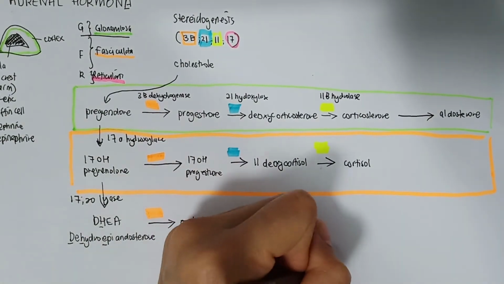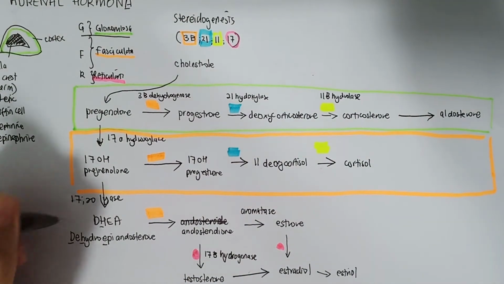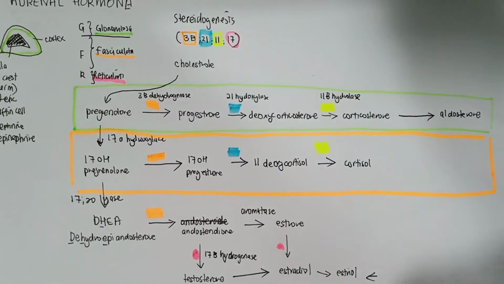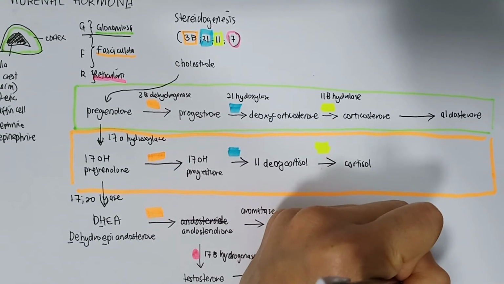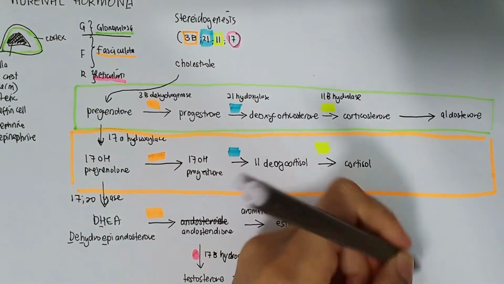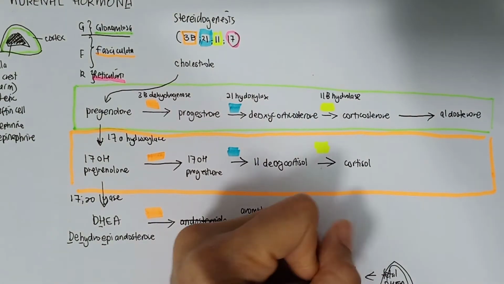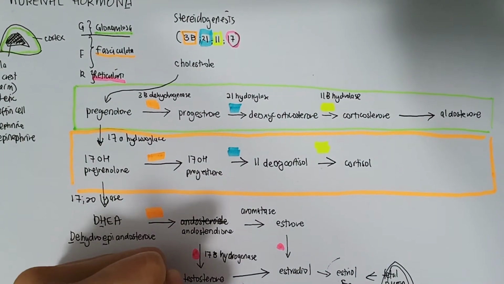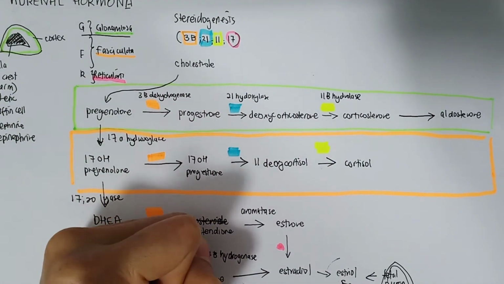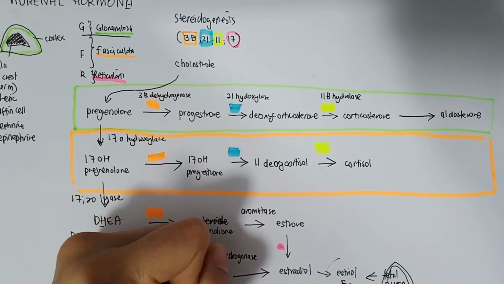And estradiol can convert into the estriol, and fetal DHEA that is produced by the fetal adrenal gland will actually stimulate the production of the estriol during pregnancy. And testosterone basically will become more potent if it's converted into dihydrotestosterone using the 5-alpha reductase.